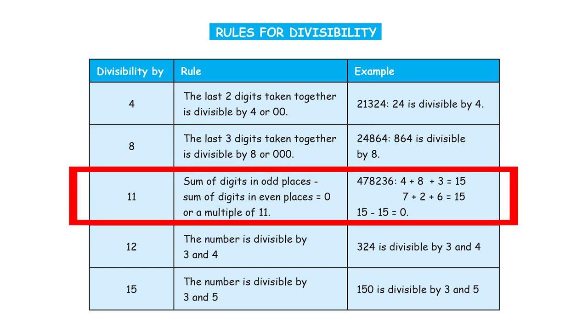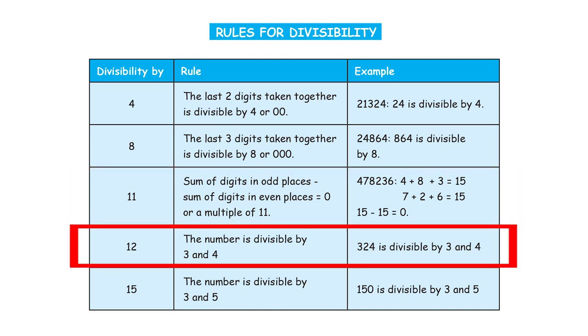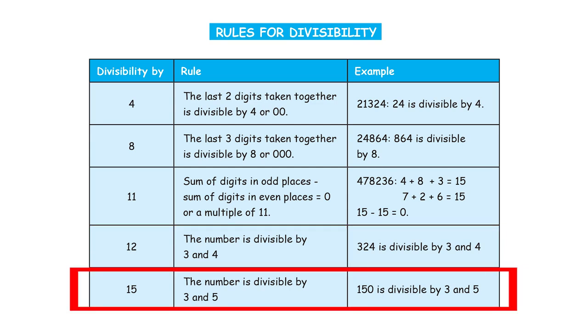And for 11, we take the sum of digits in odd places minus sum of digits in even places. If that is 0 or a multiple of 11, we can say that the number is divisible by 11. For 12, we need to see if the number is divisible by 3 and 4. For 15, the test is if the number is divisible by 3 and 5.